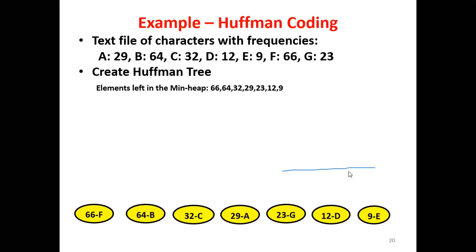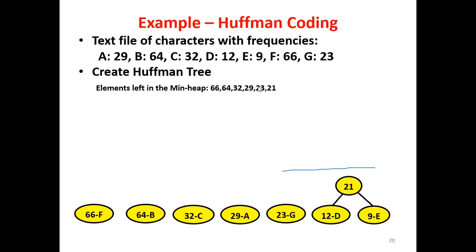The next step is to find which two of these nodes have the lowest values. They are 12 and 9, so we combine the two. When we combine 12 and 9, we get 21, and the 21 replaces 12 and 9.